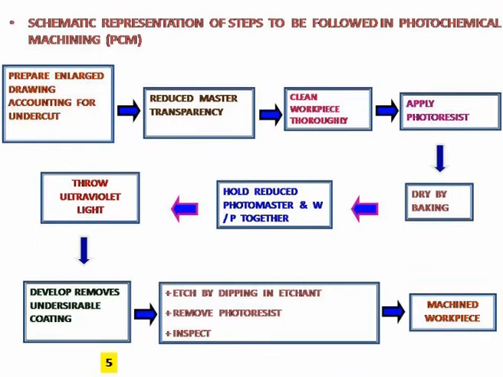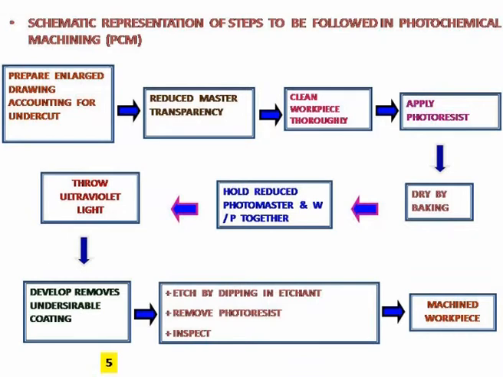Now, prepare an enlarged drawing accounting for overcut, then prepare the reduced master transparency, then clean the workpiece thoroughly, apply the photoresist, then dry the workpiece by baking or heating, hold the reduced master and workpiece together for a certain period of time, but they should stick with each other, and then throw the ultraviolet light on the master or that photo master.